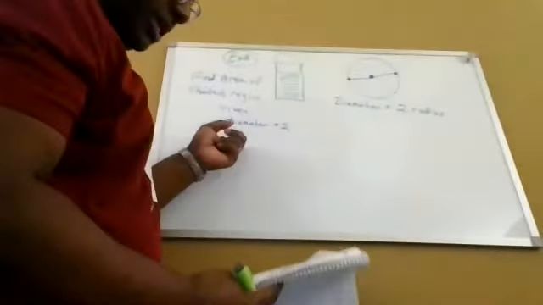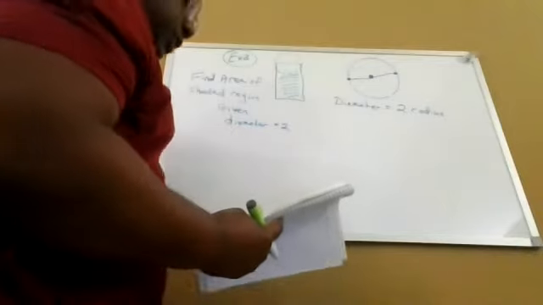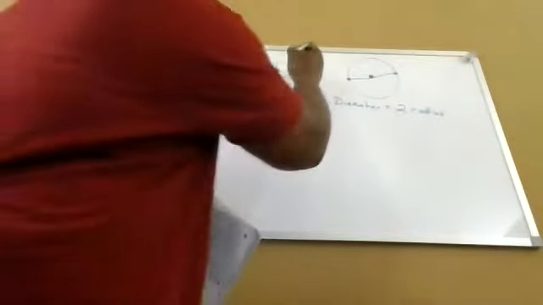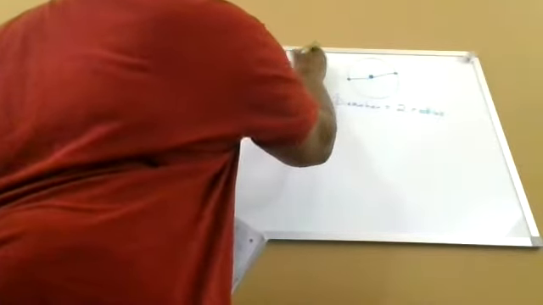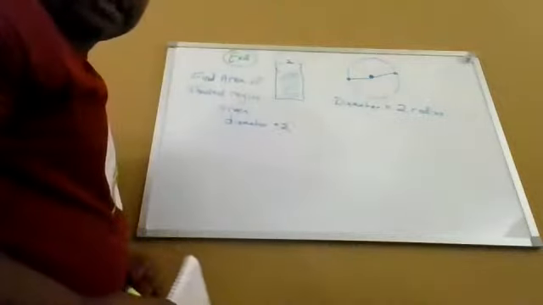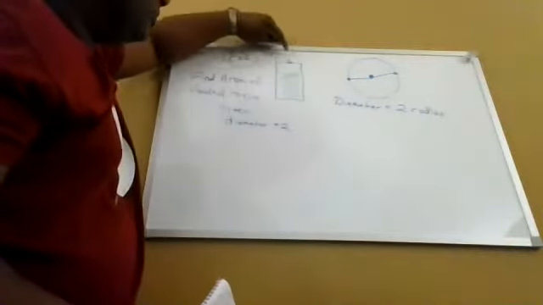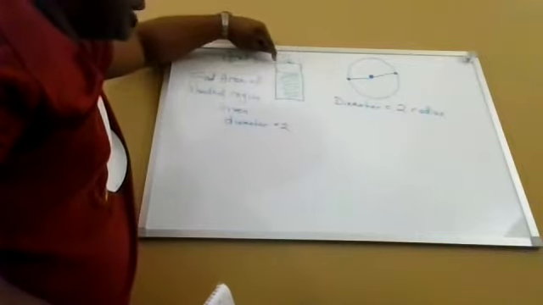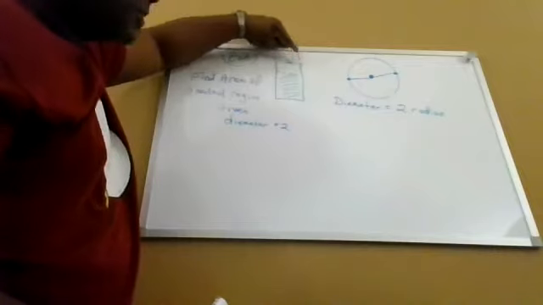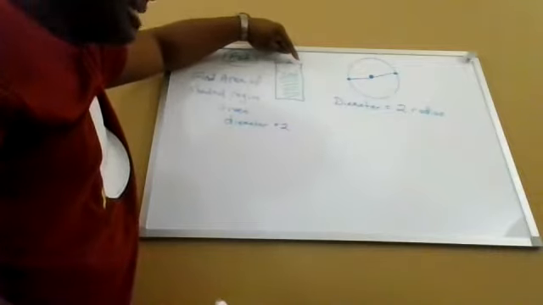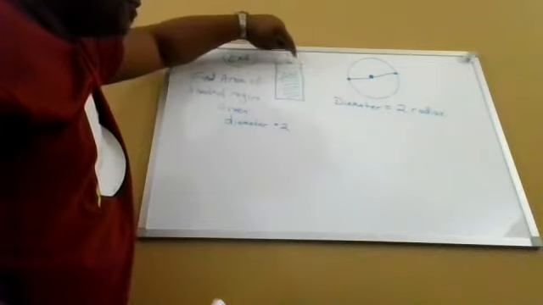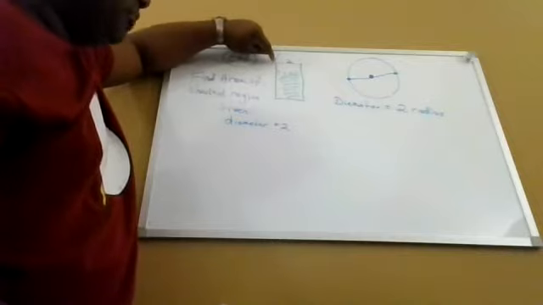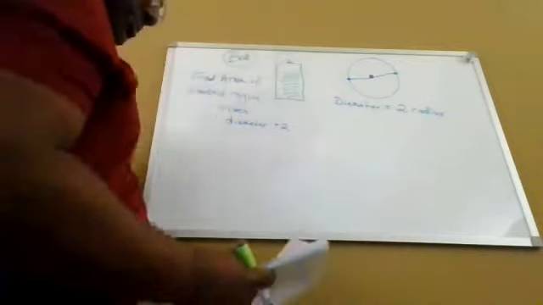Okay, so back over here, we're given that the diameter is 2. So in our graph up here, here's my circle, and here's my radius. Here's my diameter. My diameter is 2. This part of the circle going through the center, touching another point on the circle, that's my diameter.